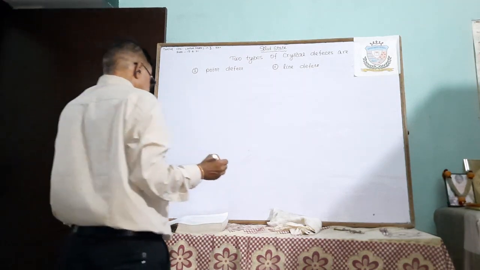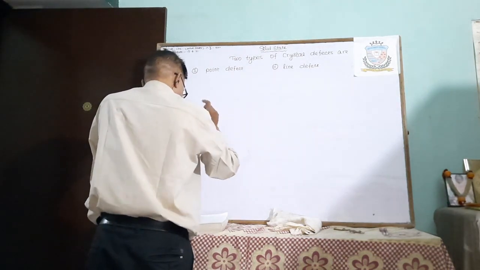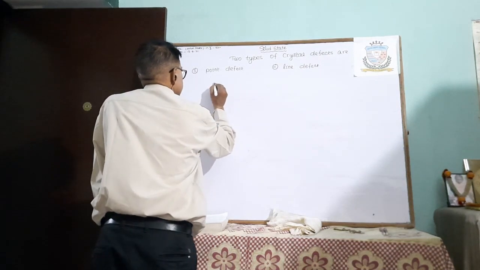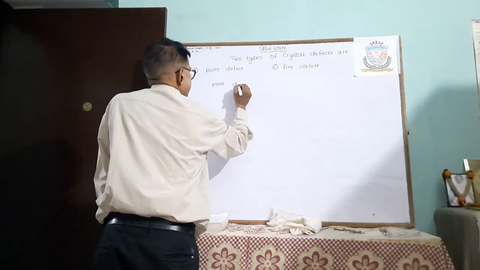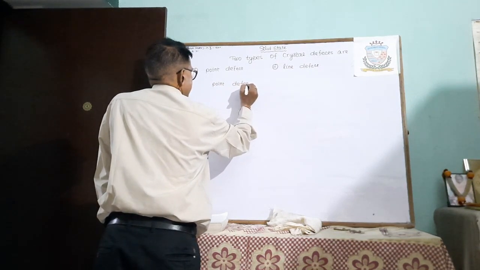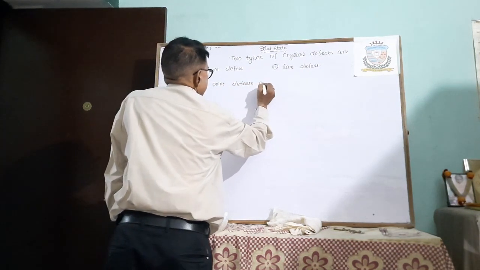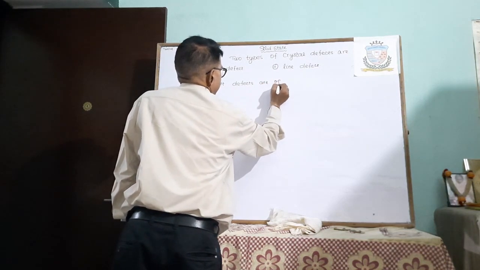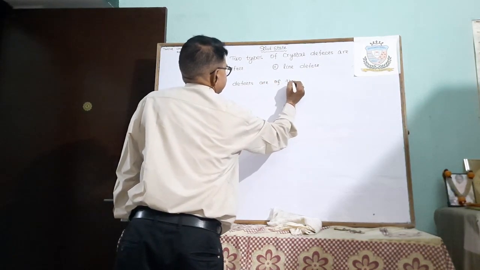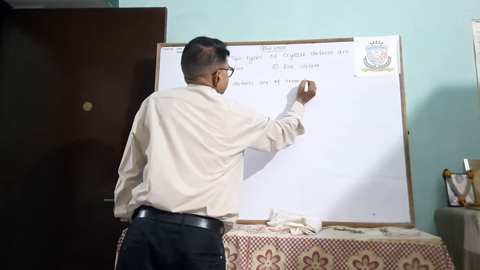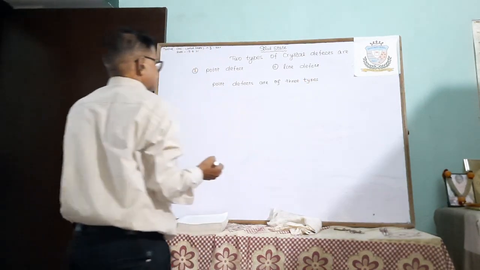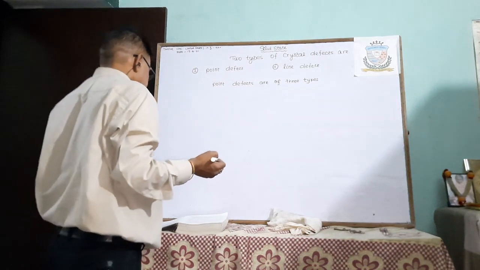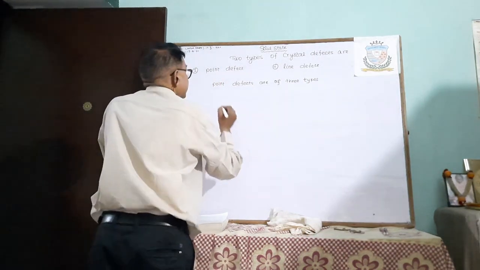Now, point defects are of three types. First, A, stoichiometric defect.